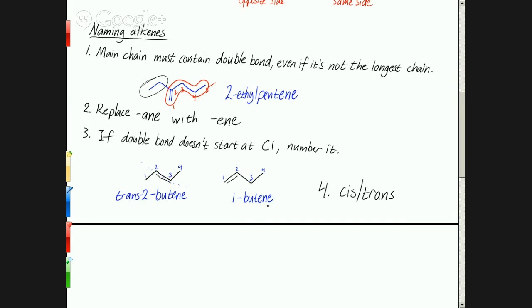What about this one? Do we have a cis or trans there? Actually, we don't for this one. If we draw that line through here, you can see a group on this side, but on this side you have the same thing on both sides.